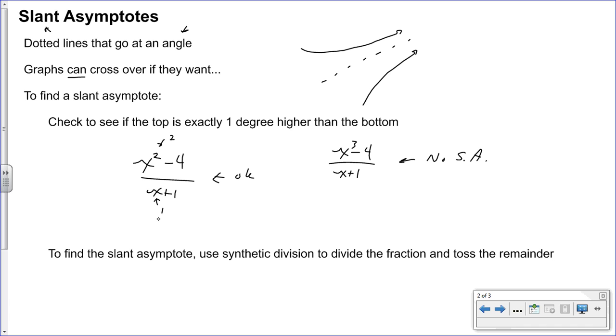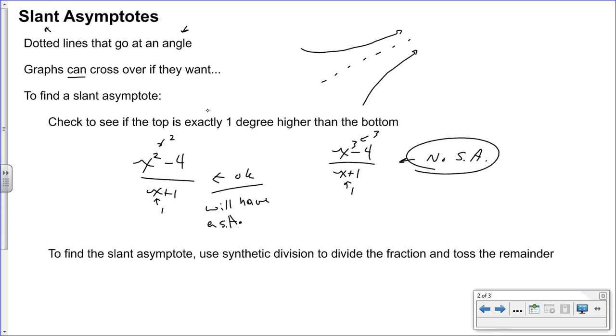Since 2 is exactly 1 higher, this one is okay, and it will have a slant asymptote, abbreviated SA. Now this one, x cubed minus 4, has a degree of 3 in the top and a degree of 1 in the bottom. So this one will have no slant asymptote.